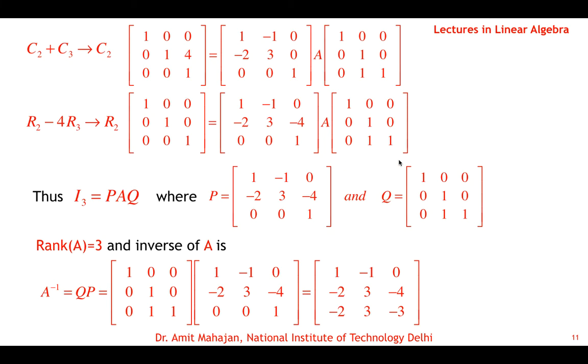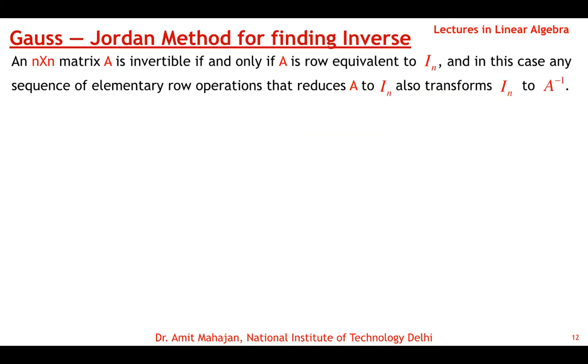Now we come to our second definition, which is the Gauss Jordan method for finding the inverse. What we do in normal form to find the inverse is apply row operations and column operations in combination, and the impact is on the pre-matrix or post-matrix. But if we apply only row operations or only column operations, the impact will be only on the pre-matrix or only on the post-matrix.